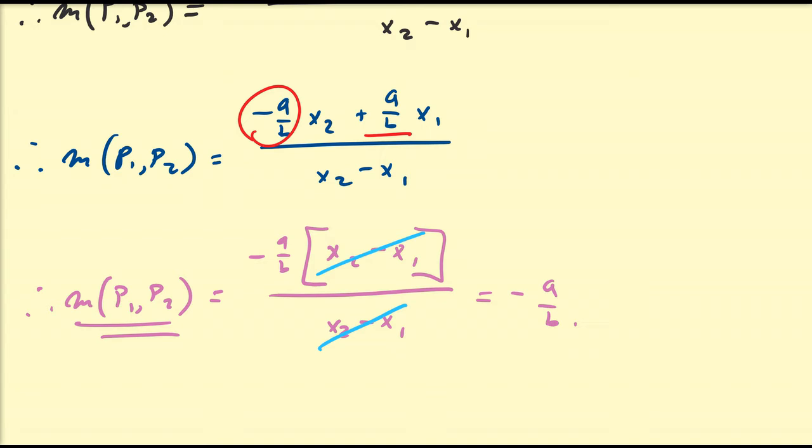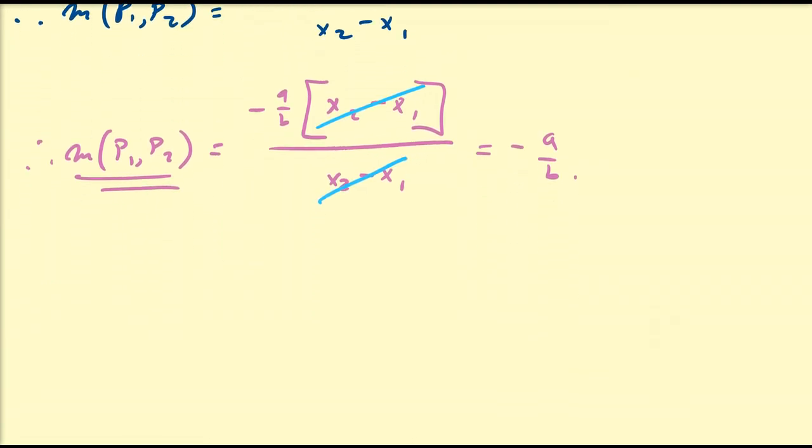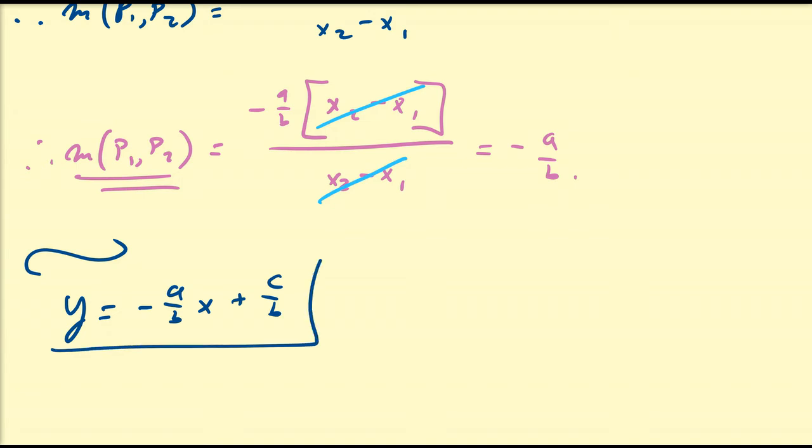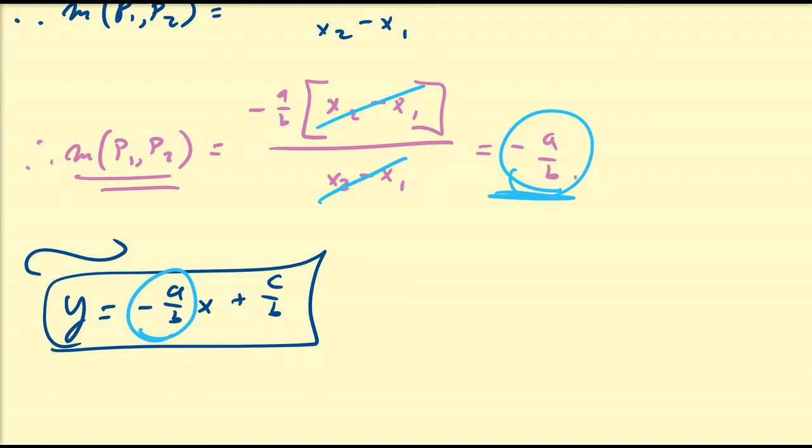And remember, these 2 points and this line are uniquely determined by the coefficients a, b, and c. So remember what my equation was: negative a over b x plus c over b, and I chose 2 arbitrary points on this line, and I noticed that regardless of those 2 points, the slope between them only depends on a and b, which is the number in front of x.